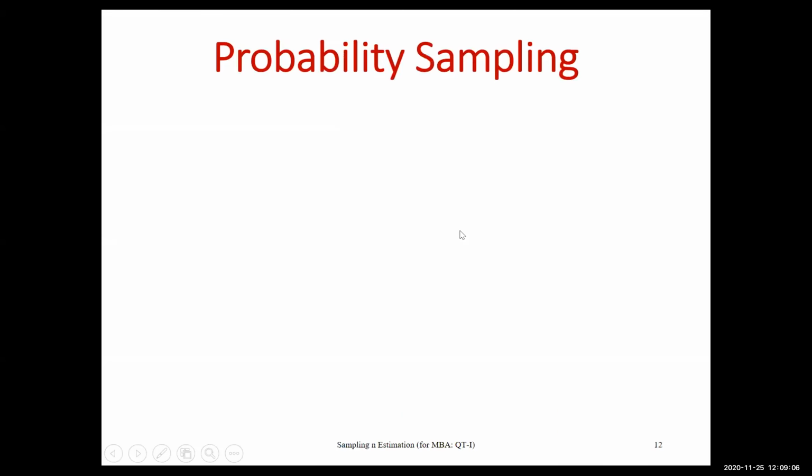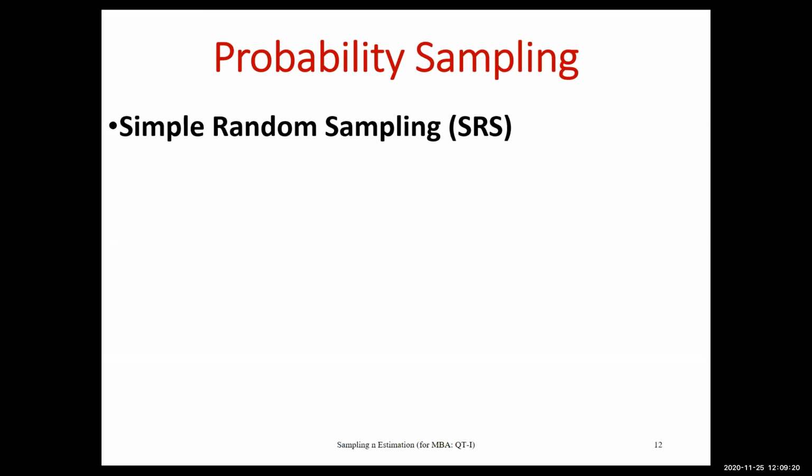Moving forward, the next group of sampling is called probability sampling, which is mostly called random or chance sampling, where we do not have human choice. All by chance it will be coming. First, foremost, and simplest is simple random sampling, or in short, random sampling.